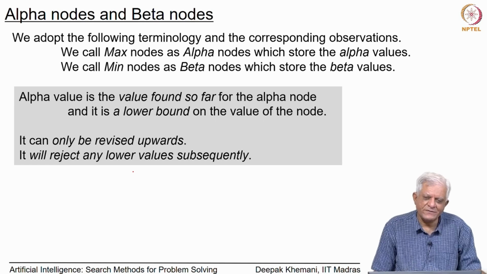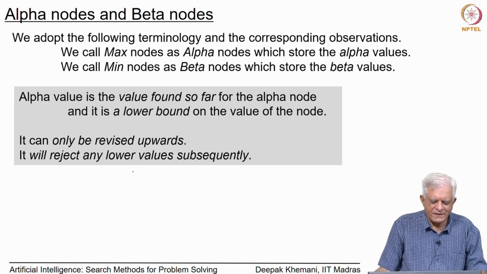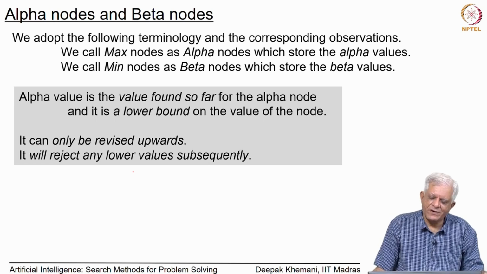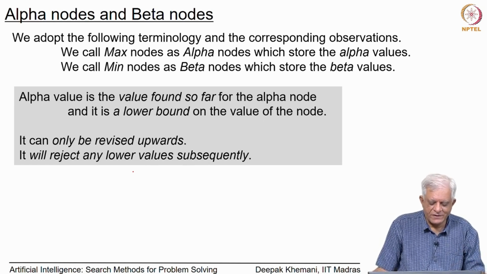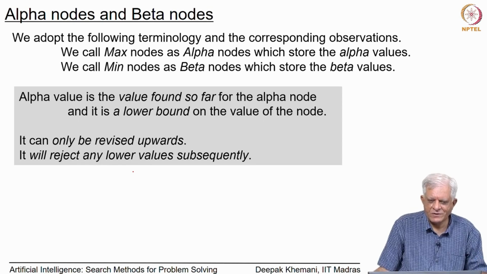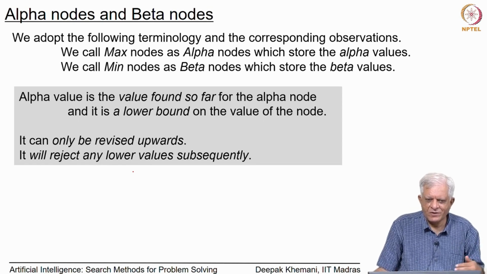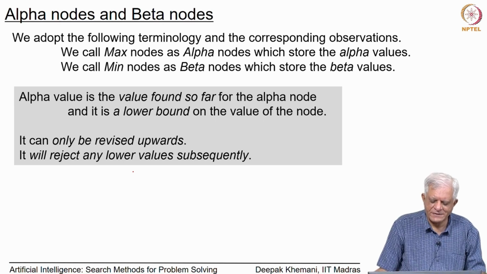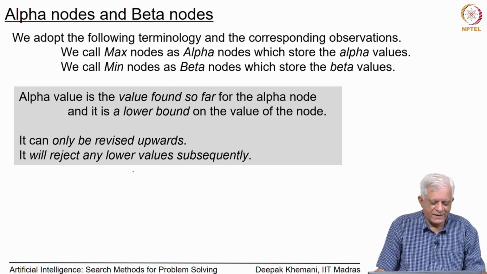In that sense we can think of the game tree as a kind of supply chain mechanism where all the internal nodes are traders. An alpha node or a max node is looking at all the suppliers and it will take the maximum value from the suppliers, and the beta node or the min node is doing the same except that it will choose the minimum value from its suppliers.